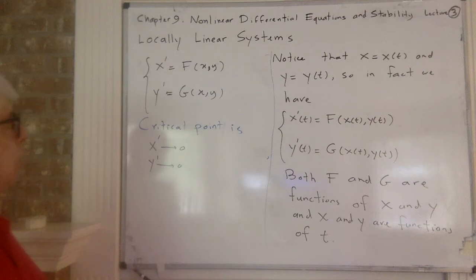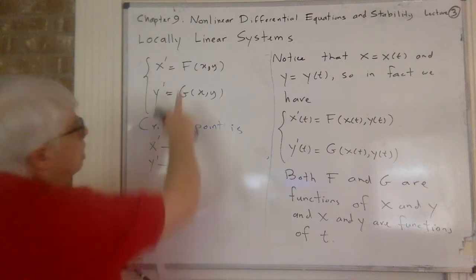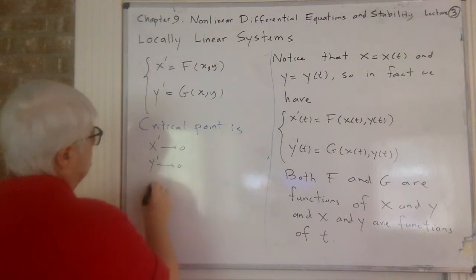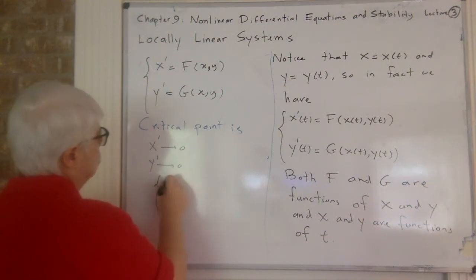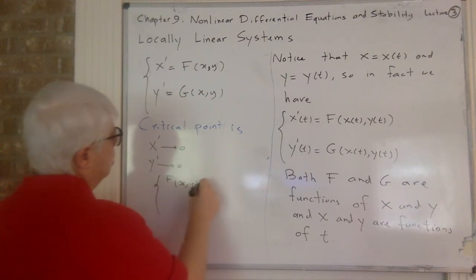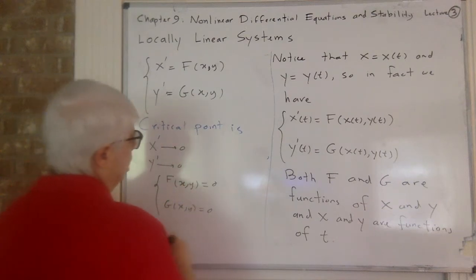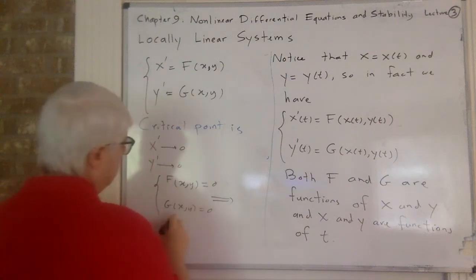So a critical point happens when this and this are 0. Instead of this, we can say the critical point is where f(x, y) = 0 and g(x, y) = 0, and solving this will give me the critical points.